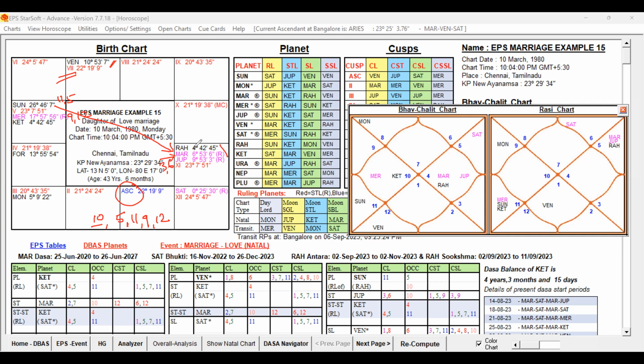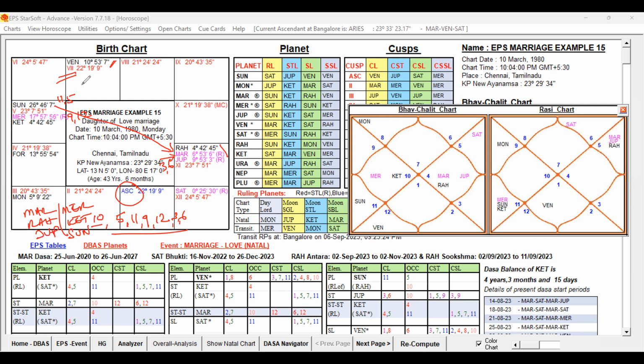Rahu is conjoined, and Jupiter is 3rd lord and 6th lord. And the karaka planet, you can see Mars. What planets are connected? Mars is connected to Rahu, Jupiter, Mercury, Ketu, and importantly Sun, having got these combinations.